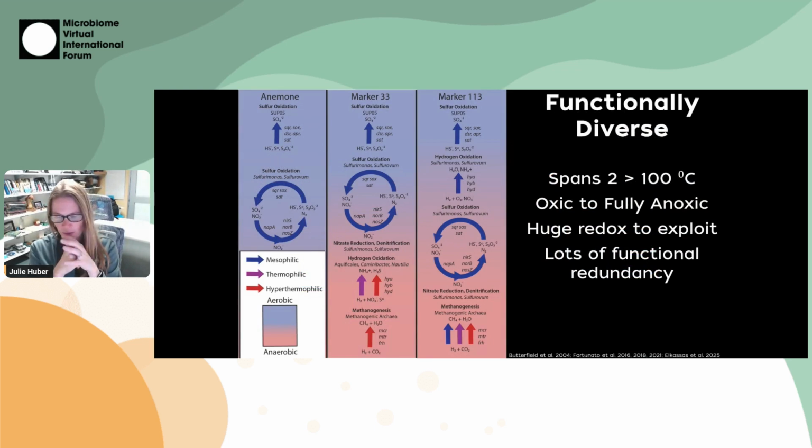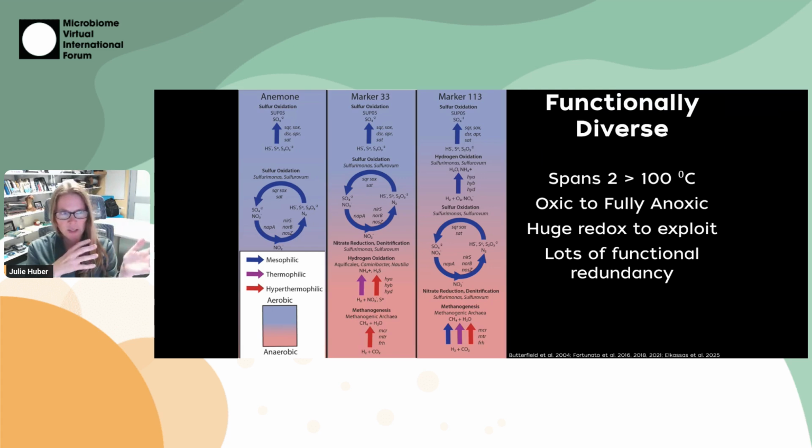And this is what we've tackled with metagenomics, stable isotope probing, and also metatranscriptomics. They can exploit a huge range of growth conditions due to this mixing regime, from fully oxic and quite cold to microaerobic to fully anaerobic and very hot. And they can then couple these redox reactions to exploit that.